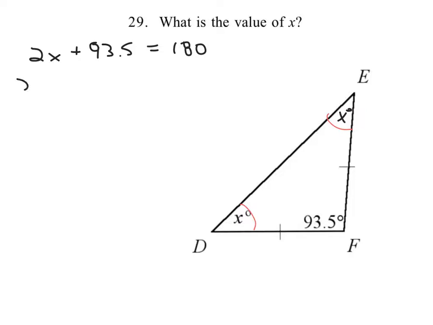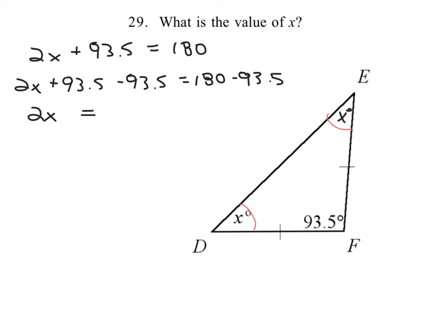So now we can just say, okay, that means if we subtract 93.5 from both sides, then we get 2x is equal to 86.5 degrees.